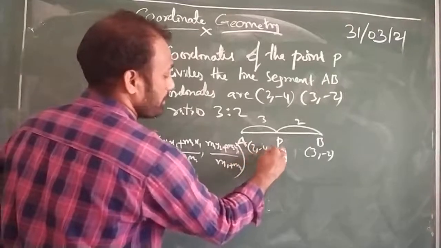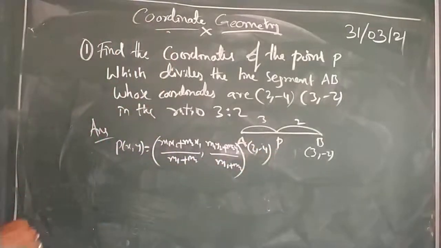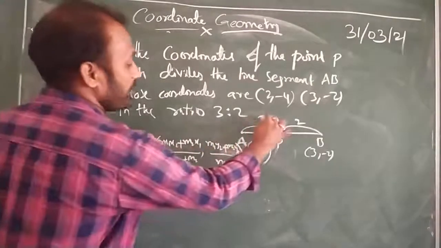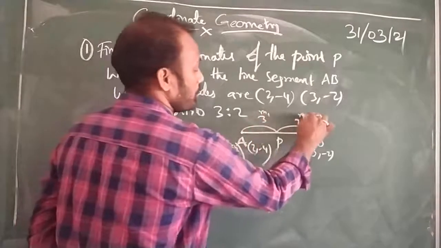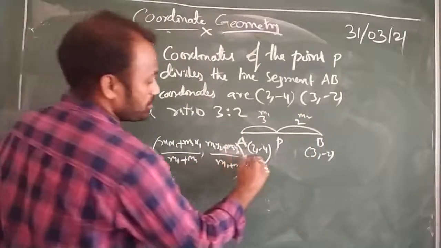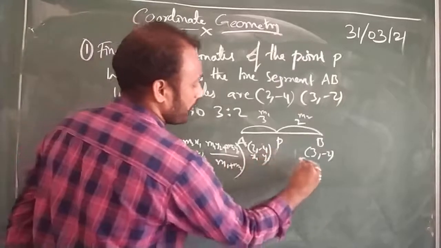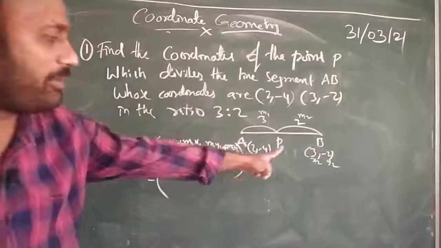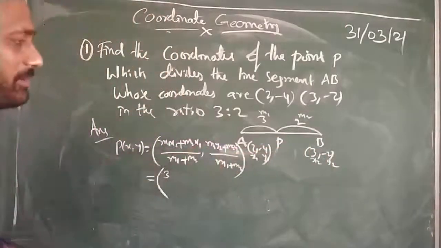A is (2, -4). So let us substitute the values in this formula, where m1 is 3 and m2 is 2. This is x1, y1 and here it is x2, y2. Two coordinates, right? If there are 3 coordinates, it would be x3, y3.